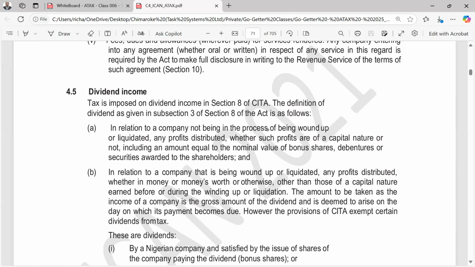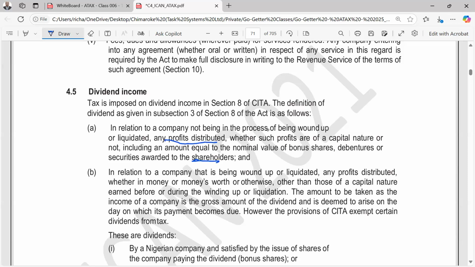Whether such profits are of a capital nature or not, including an amount equal to the nominal value of bonus shares, debentures, or securities awarded to shareholders. So any profit distributed to shareholders is dividend.